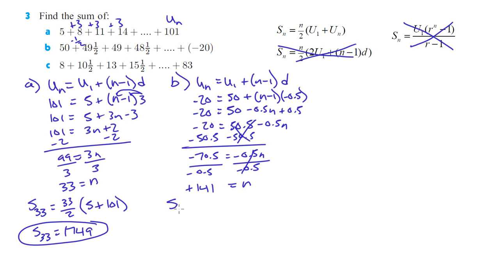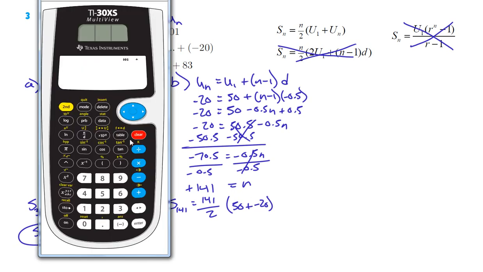So now the sum of the first 141 terms is going to be 141 over 2 all times the first term, which is 50, plus the last term, which is negative 20.